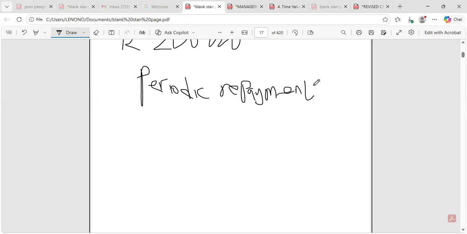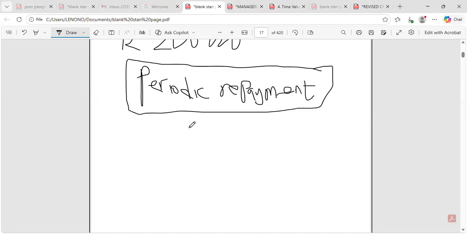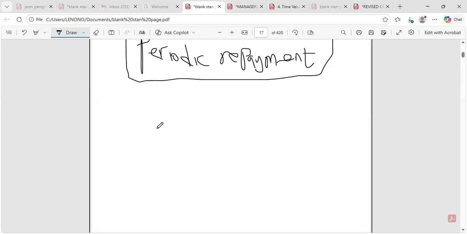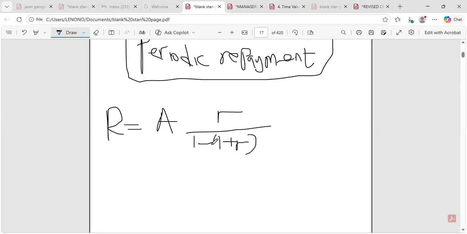Our repayment is equal to amount of a loan multiplied by R over 1 minus 1 plus R to the power negative n.